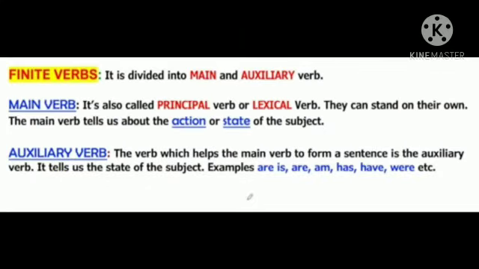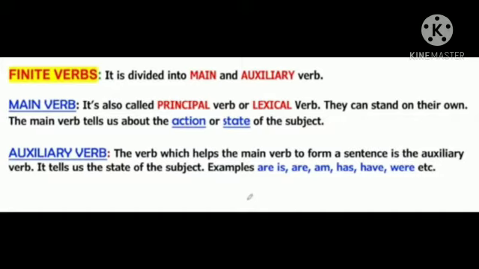But students, when we see the finite verb, it is divided into two categories. It means the main verb and the auxiliary verb. Before this, we learned about all the helping verbs or the auxiliary verbs.